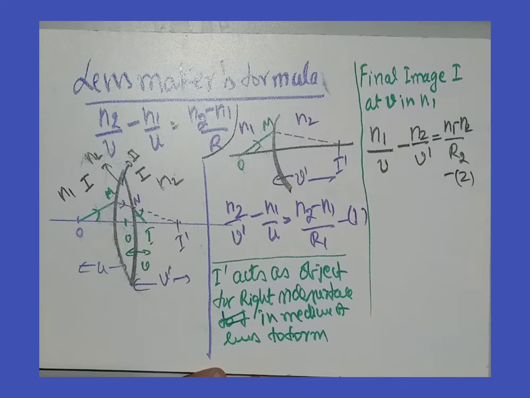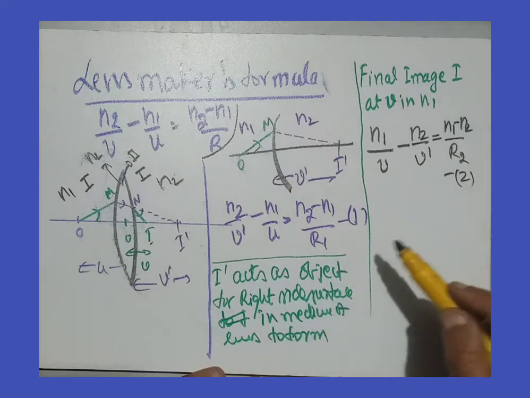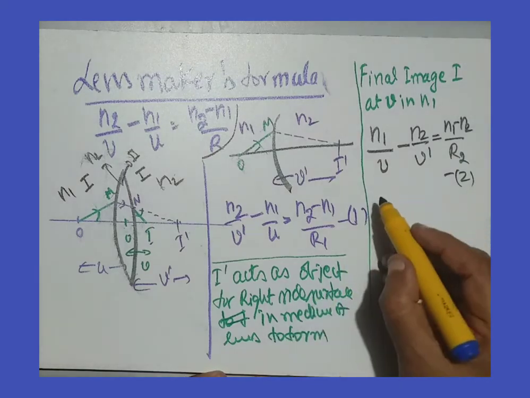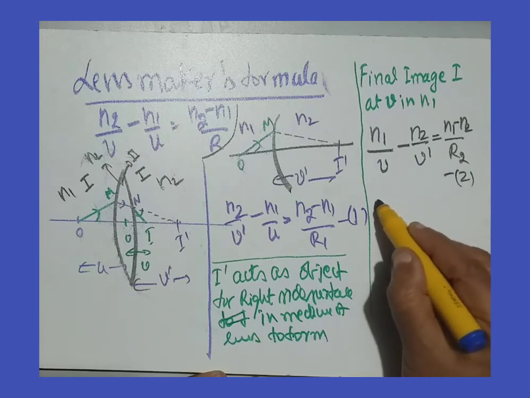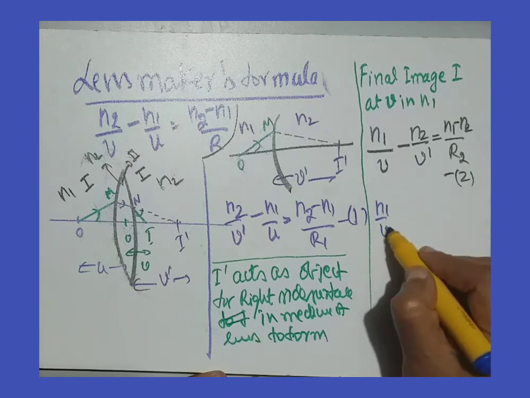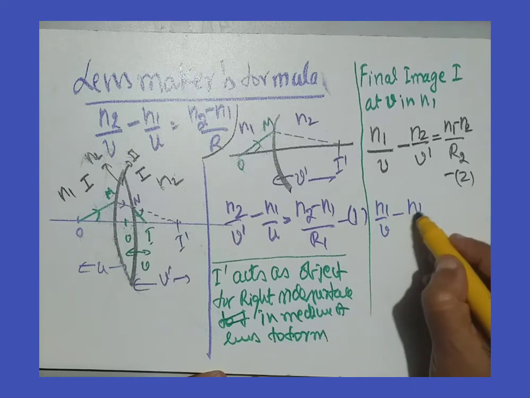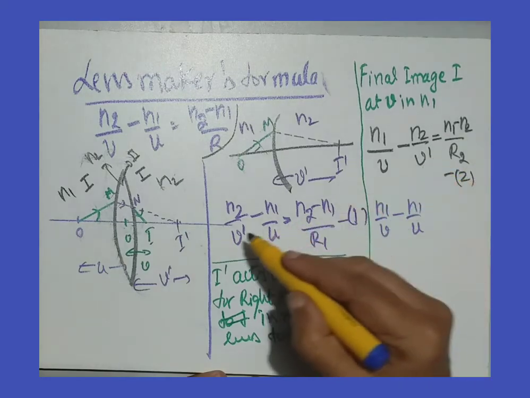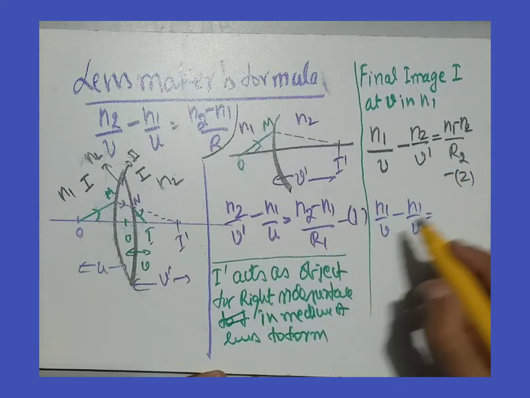To get the final equation, we have to sum these two. Adding equations 1 and 2, we get N1 by V minus N1 by U, and the N2 by V dash terms cancel in 1 and 2.